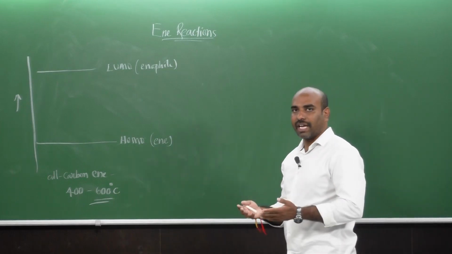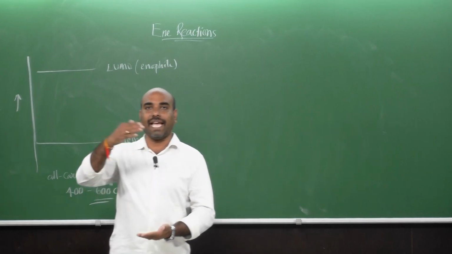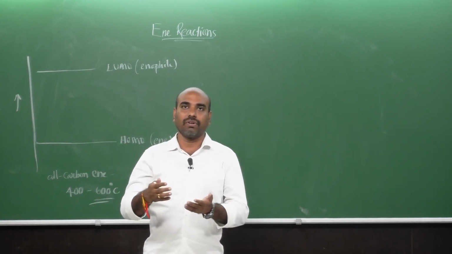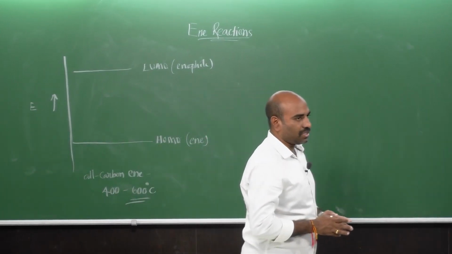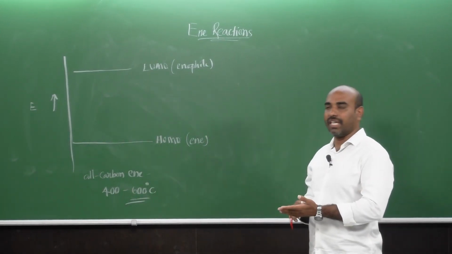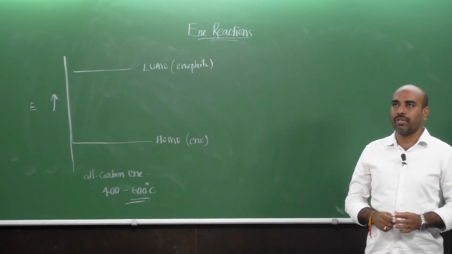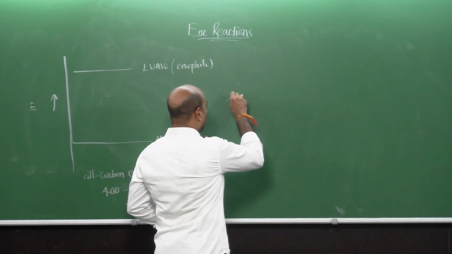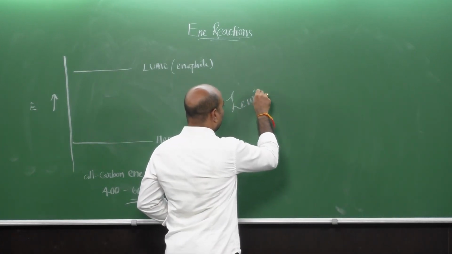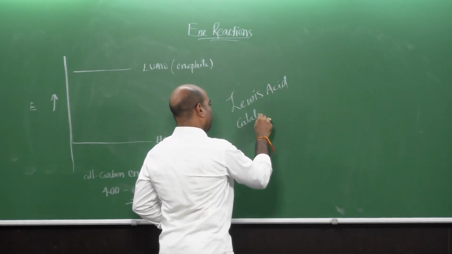If it is a negative catalyst, which is also called a retardant, it will increase the activation energy and therefore decreases the rate of reaction. So, we do need such a catalyst which can decrease the activation energy and increase the rate of reaction here. The best suitable catalysts are Lewis acid catalysts. So, what we can use here is Lewis acid catalyst.